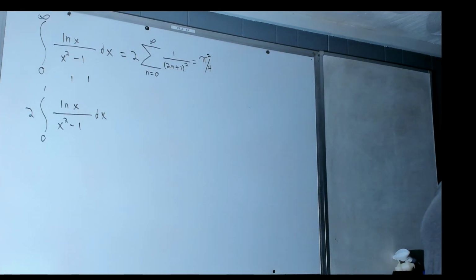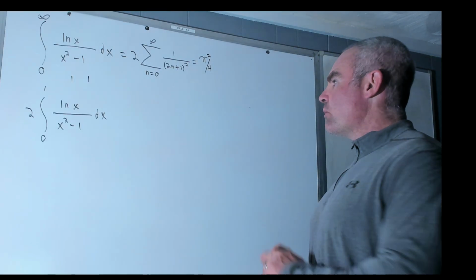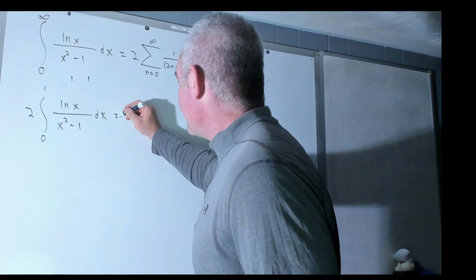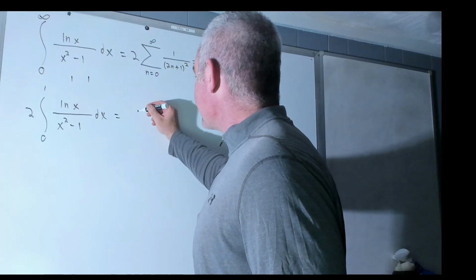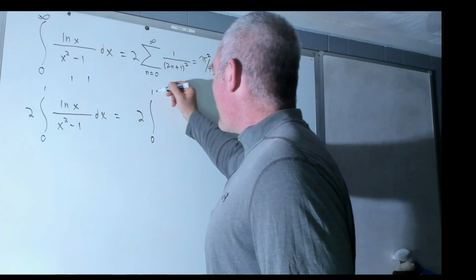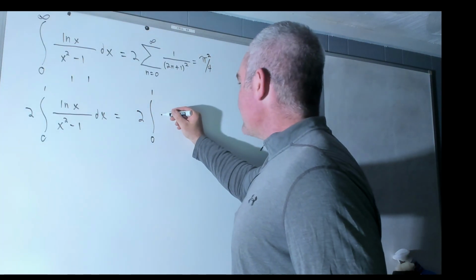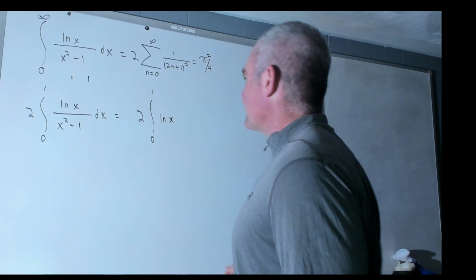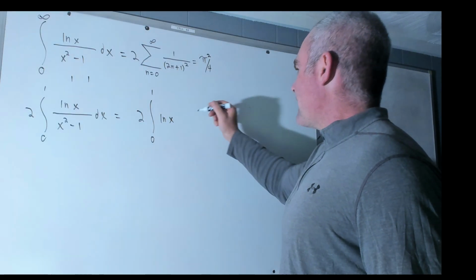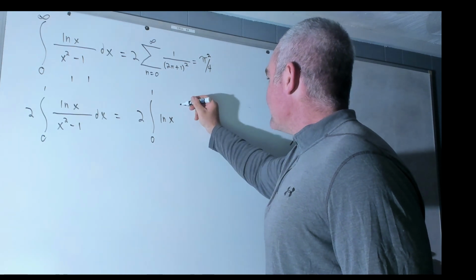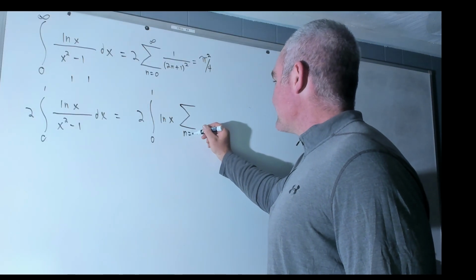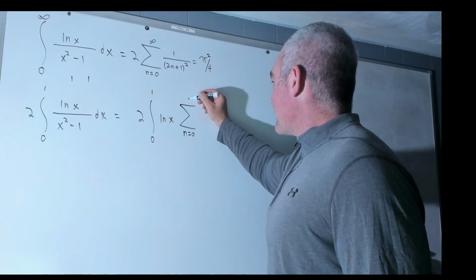All right. And from there, what do we do? Well, we're going to break out geometric series. We're going to say that this is equal to 2, and we're still going to have the integral going from 0 to 1. Now, we'll keep the natural log x because we could define a series for that, but anyway, natural log x, and then we'll plug in the series representation for our 1 over x squared minus 1.